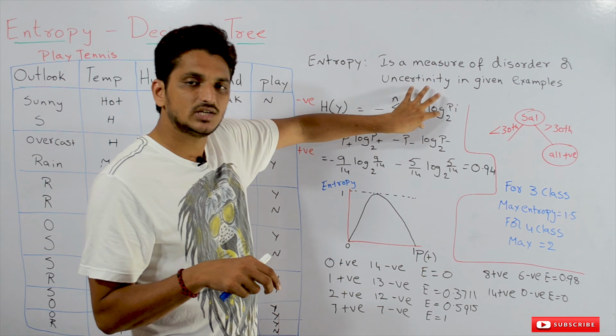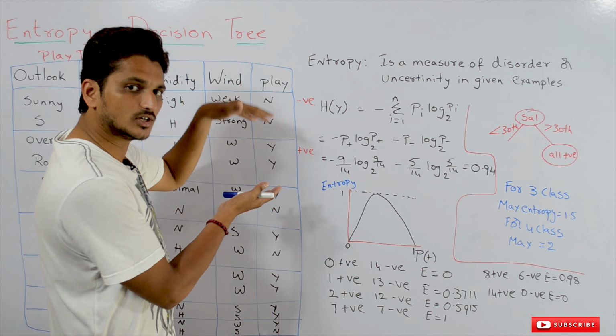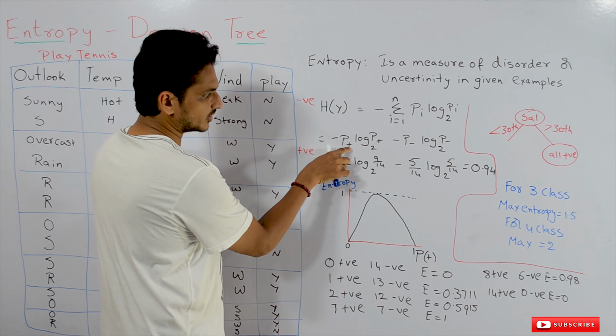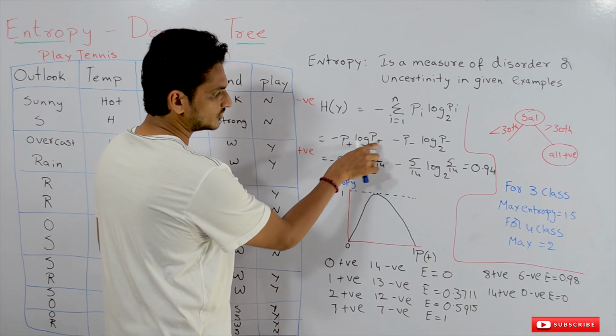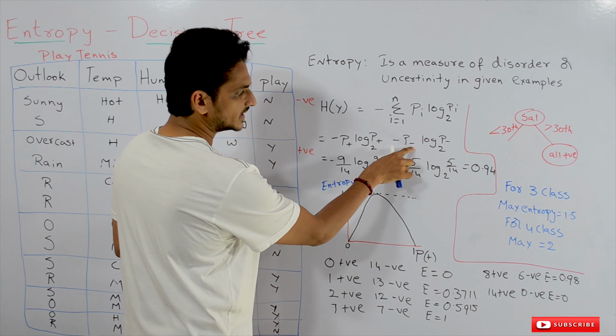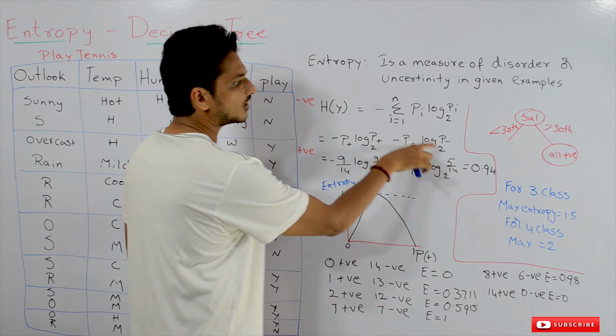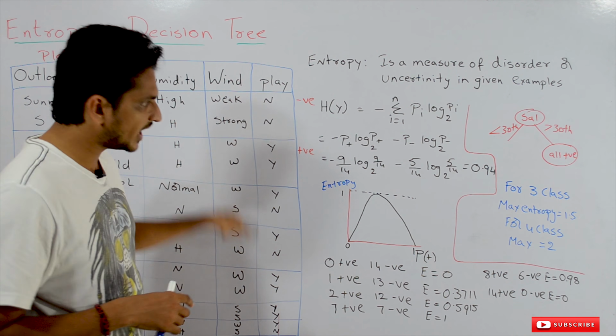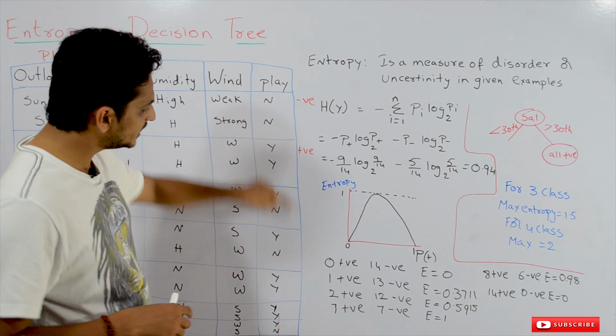Now expand this equation to our dataset. Because it is a two-class classification, it is given as minus p plus log p plus base 2, minus p minus log p minus base 2, where p plus is the probability of the positive class and p minus is the probability of the negative class. How do we calculate these probabilities?